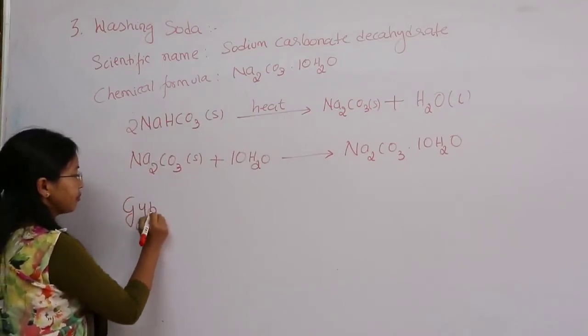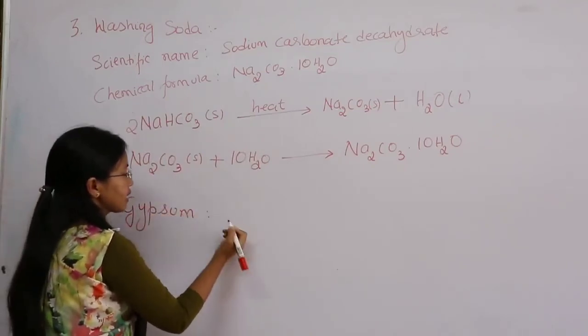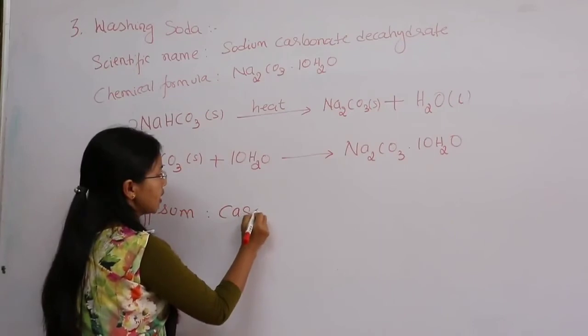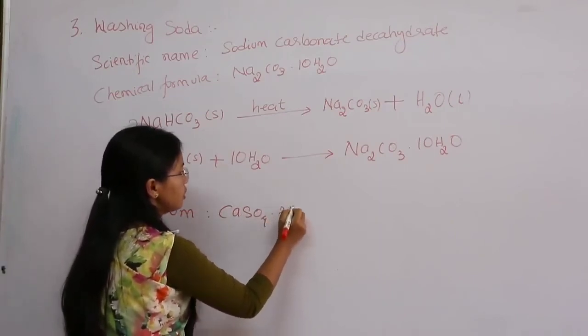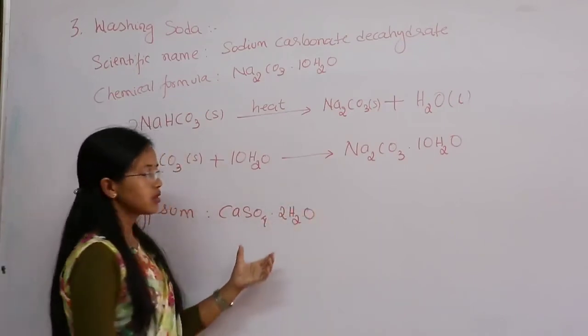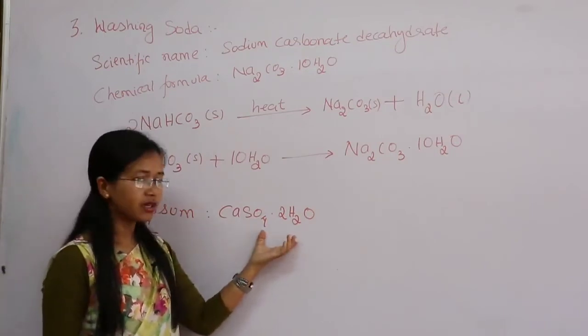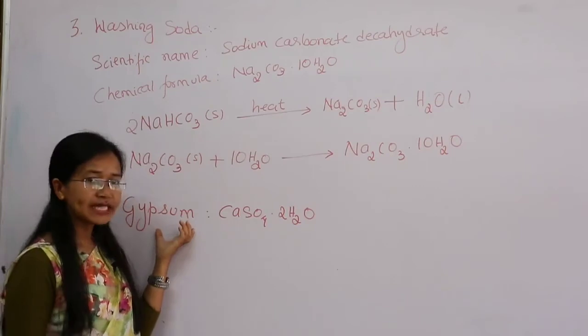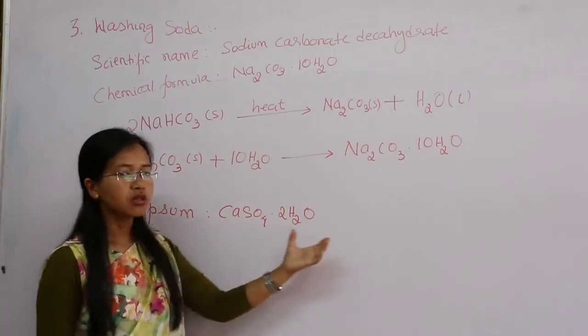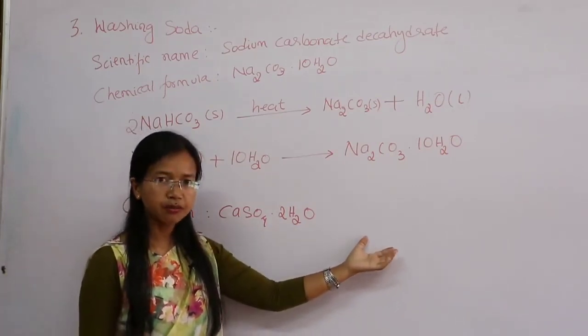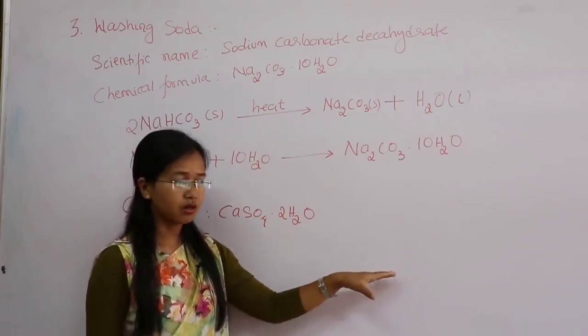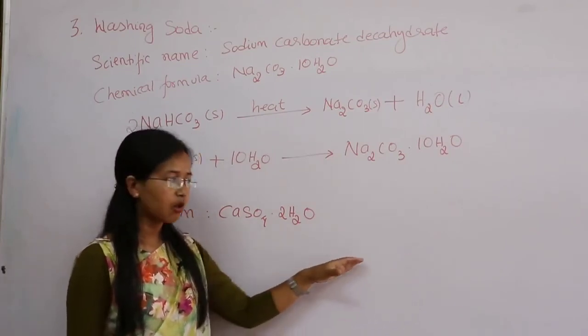Gypsum has a chemical formula of CaSO4.2H2O. This is the chemical formula of gypsum. Very interesting: when we heat gypsum, it will lose some amount of water molecules and we will get another salt, and that is plaster of Paris.